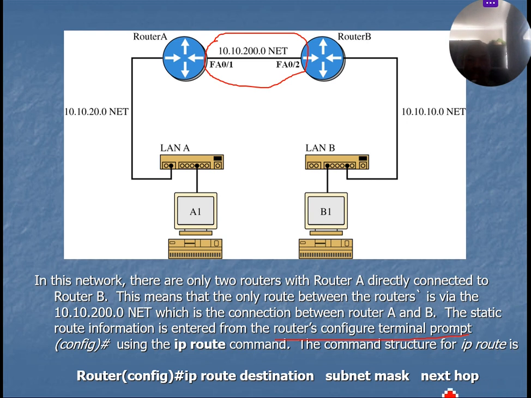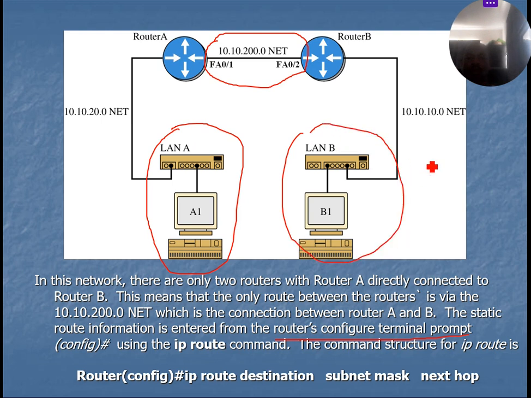Now, where is the destination IP address? The destination IP address is 10.10.10.0, because the data packet is coming from here and it's going to a computer B in LAN B of router B. So once you configure router A, you say router A config hashtag IP route.